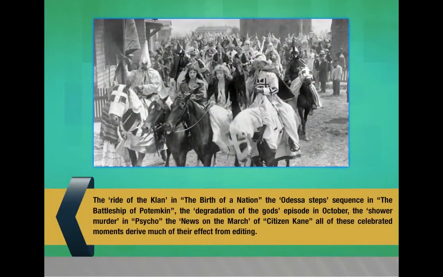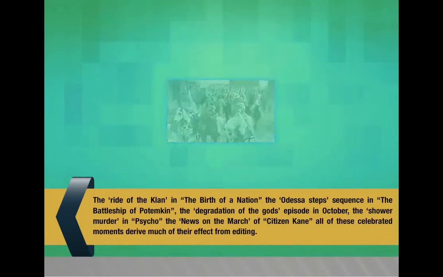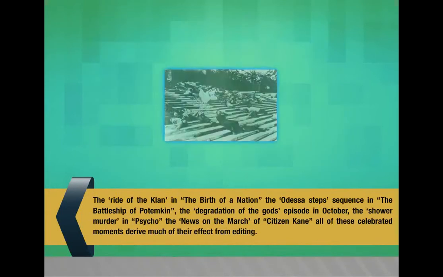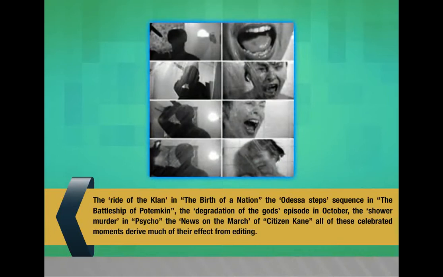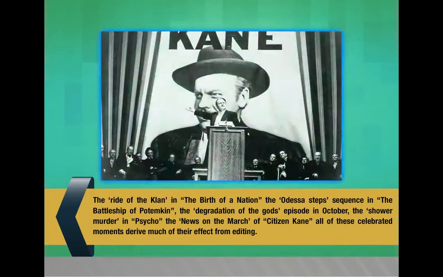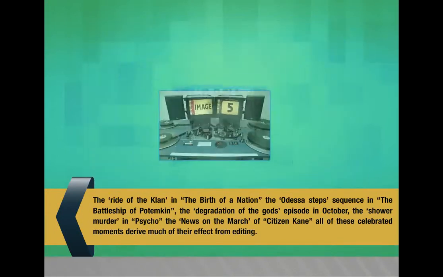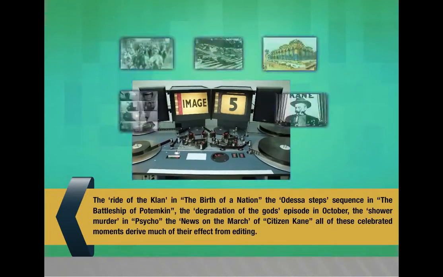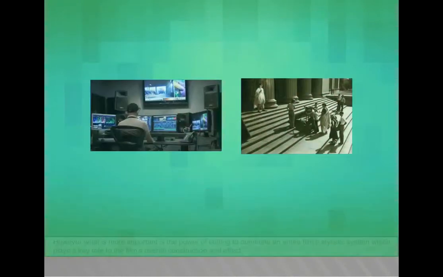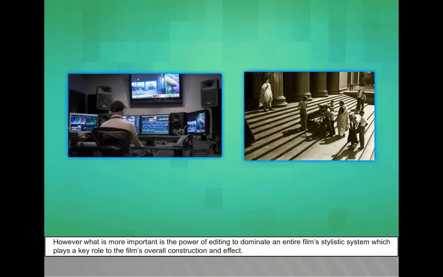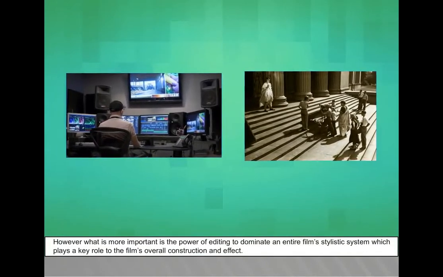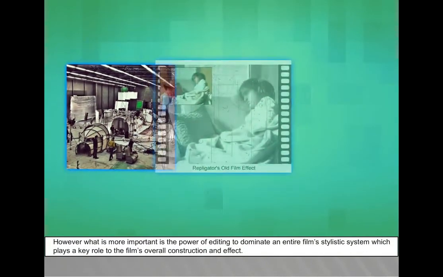The Ride of the Clan in The Birth of a Nation, the Odessa Steps sequence in Battleship Potemkin, the degradation of the gods episode in October, the shower murder in Psycho, the News on the March in Citizen Kane shown in figure, all of these celebrated moments derive much of their effect from editing. However, what is more important is the power of editing to dominate an entire film's stylistic system, which plays a key role to the film's overall construction and effect.